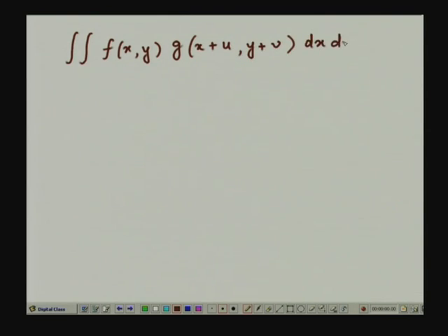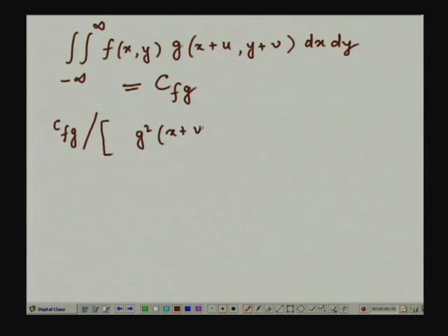If we call this cross correlation measure the integral of f x y, g x plus u, y plus v dx dy, integration from minus infinity to infinity, and represent it as the cross correlation CFG, then the normalized cross correlation will be given by CFG divided by the double integral of g square x plus u, y plus v dx dy over the region A, and the square root of this.